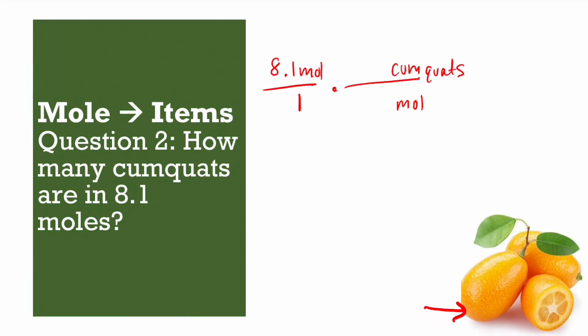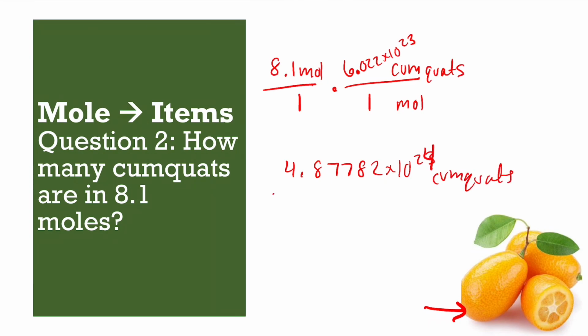We know that in 1 mole, you have 6.022 times 10 to the 23 kumquats. So then you're just left with 8.1 times 6.022 times 10 to the 23rd, which gives you 4.87782 times 10 to the 24, sorry, kumquats.